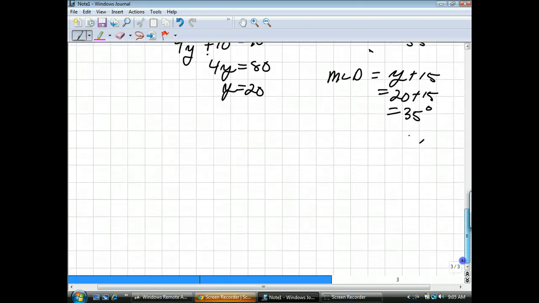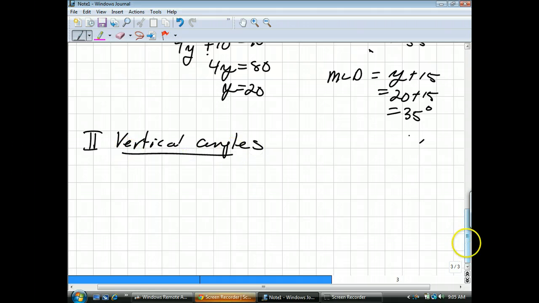All right. Then we want to define what we mean by vertical angles. Okay, so part 2, let's look at vertical angles.